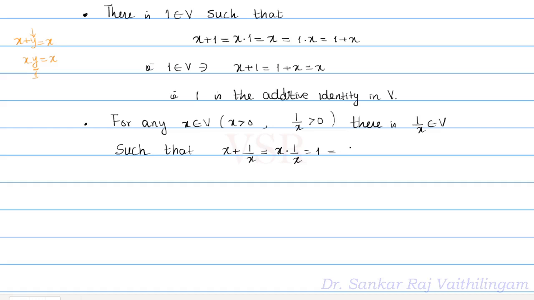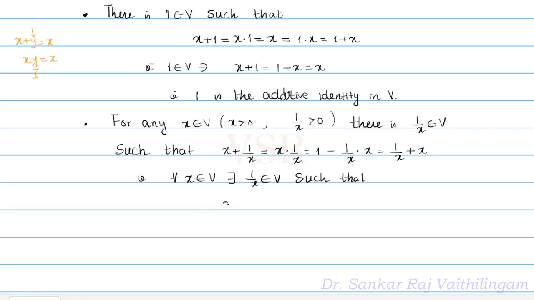And similarly I can write this is 1 by x into x, that is equal to 1 by x plus x. So this is the additive identity. That is, for every x belongs to capital V, there exists 1 by x belongs to capital V such that I may write it in this way.